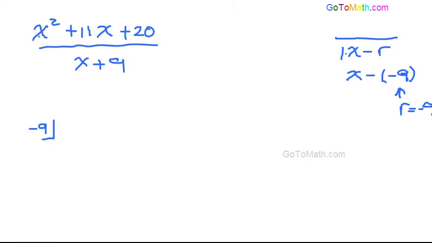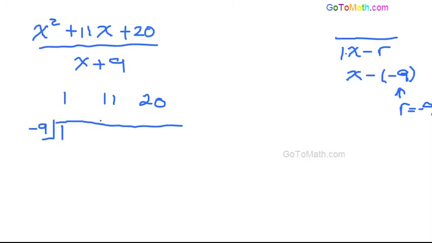Now what we're going to do here is put the coefficients up here. So we have a 1, 11, and 20. I'm going to draw a line right here. Okay. And then I'm going to take this 1 and bring it diagonally down, just like this. Now we're going to want to get a number here and a number here.